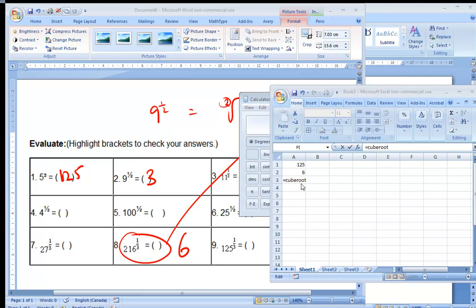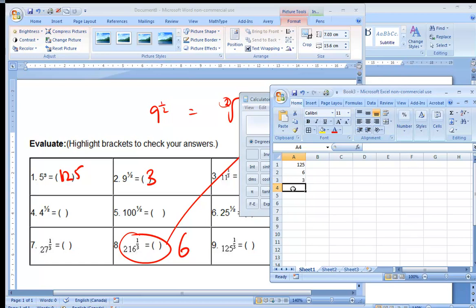Actually, there's a power function for that. Doesn't work very well. There's a square root, SQRT, which is used so much, something like the square root of 9 is 3, but there's no nice cube root one. Anyway, so 216 to the power of 1/3 is the same thing as a cube root of 216.